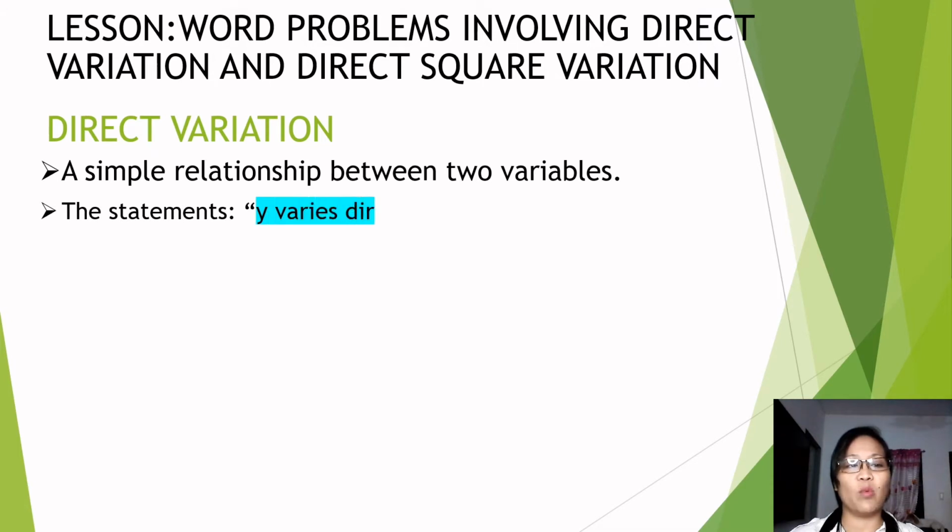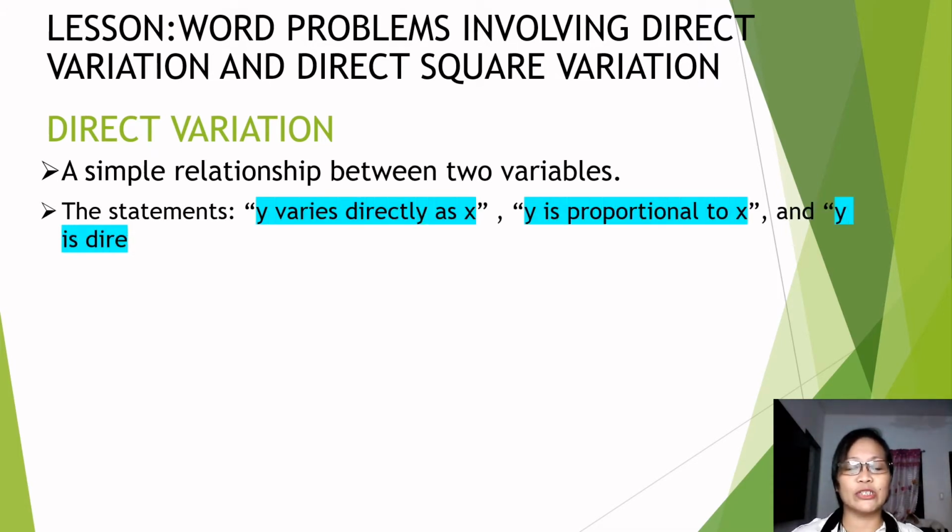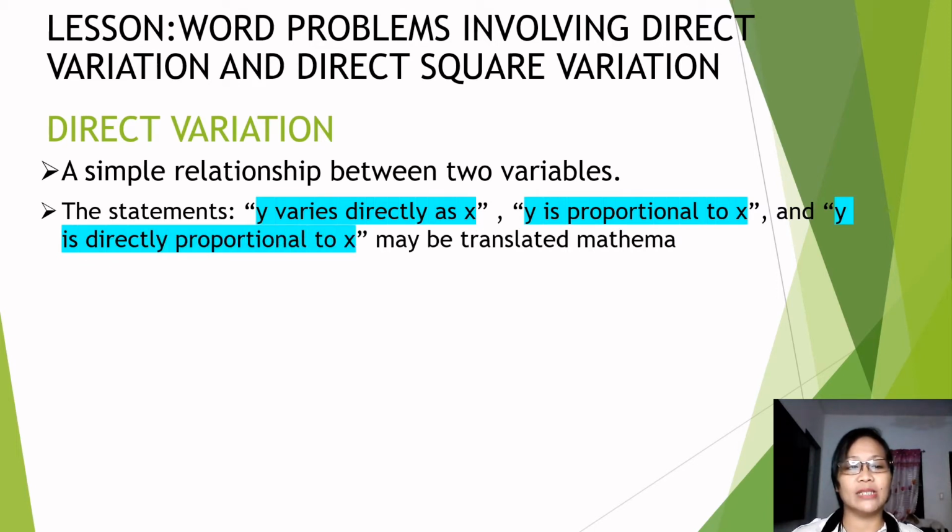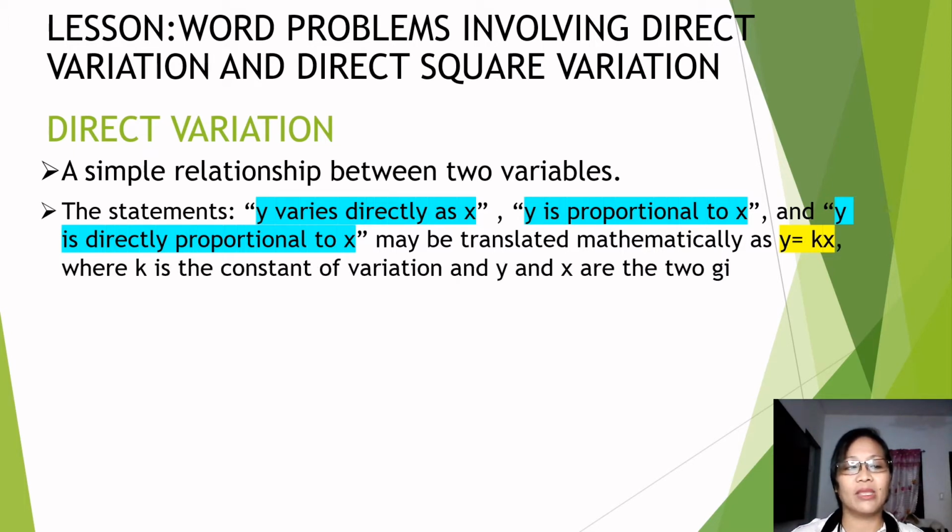The statements y varies directly as x, y is proportional to x, and y is directly proportional to x may be translated mathematically as y is equal to kx, where k is the constant of variation and y and x are the two given variables. The main equation for direct variation is y is equal to kx.